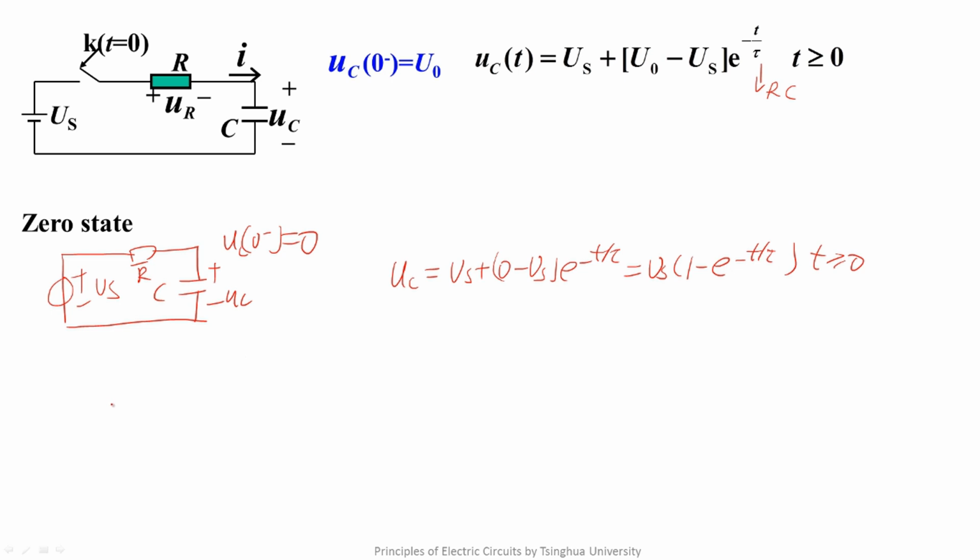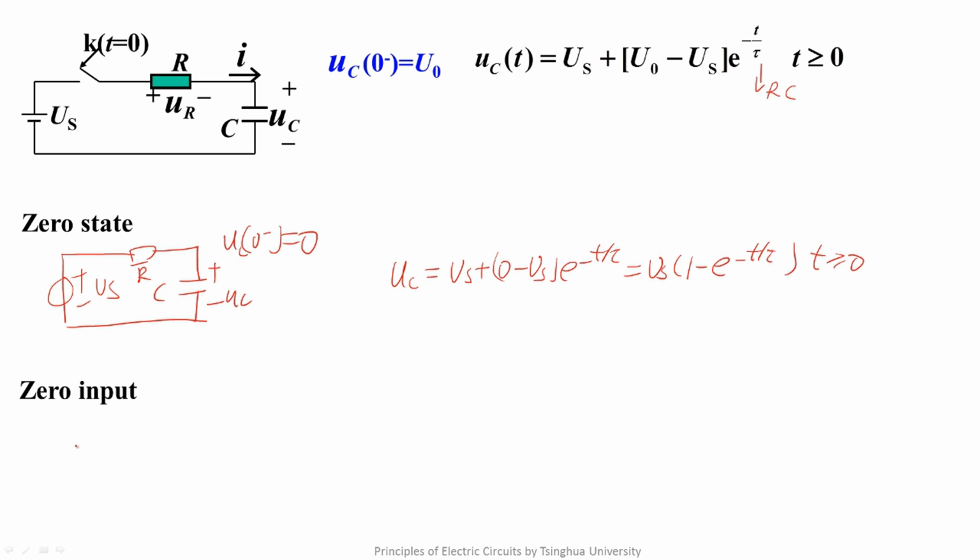Besides the zero-state circuit, the second is a zero-input circuit. As we know, the transient process of dynamic circuits is caused by two key factors. The first is the energy storage elements in the circuit. The second is the switching of the circuit. Basically, the transient process is caused by the change of energy in energy storage elements.